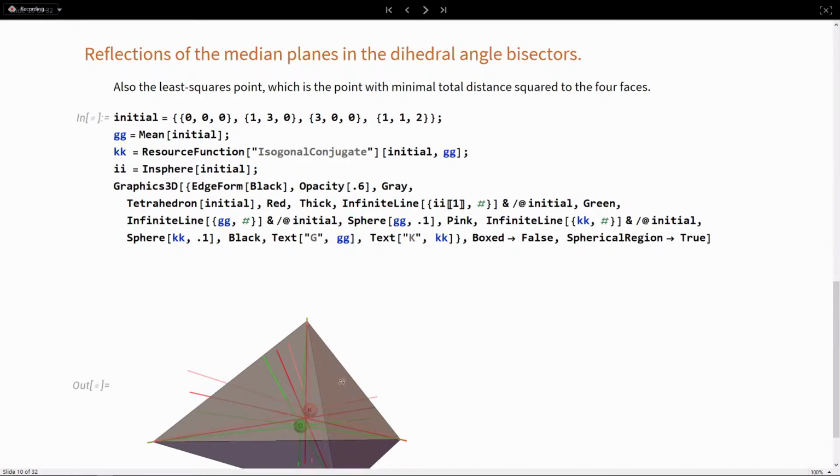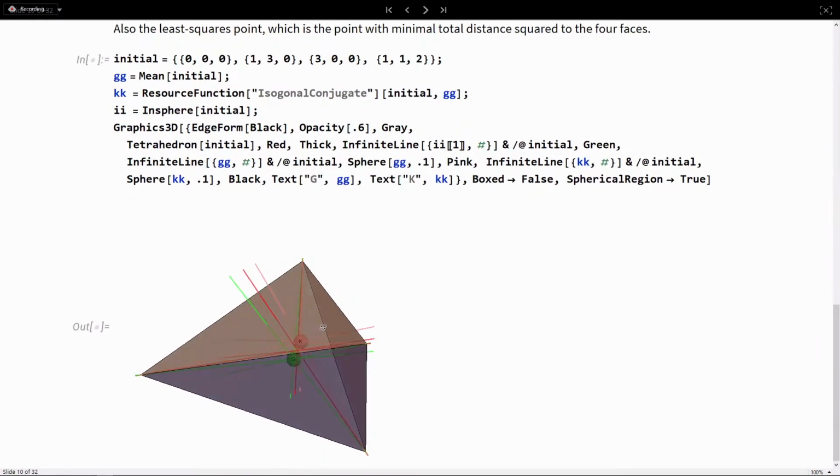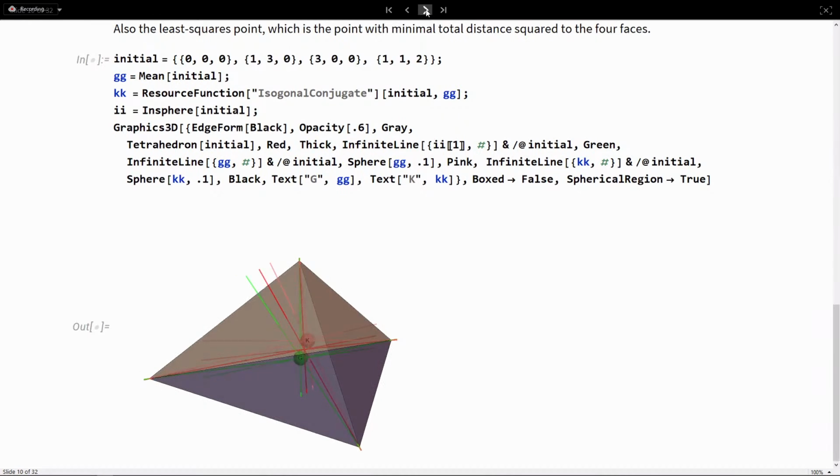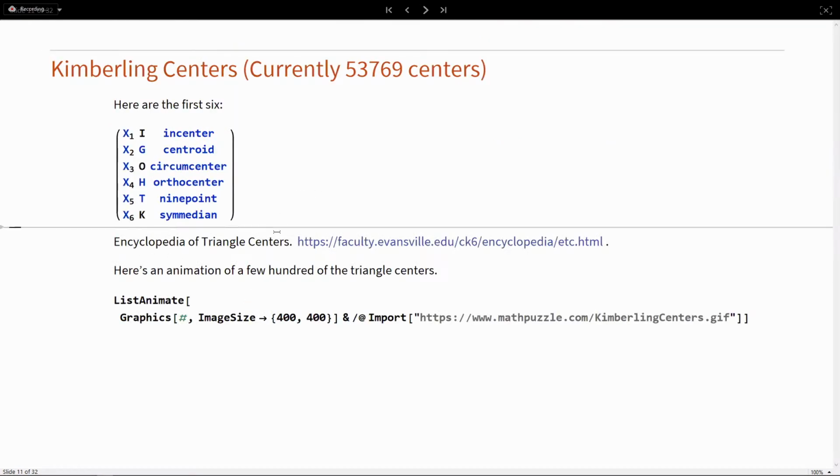So this is another complicated point that's known for tetrahedra. I've mentioned 6 triangle centers, and here they are. They're the Incenter, Centroid, Circumcenter, Orthocenter, 9-point center, and Symmedian point.